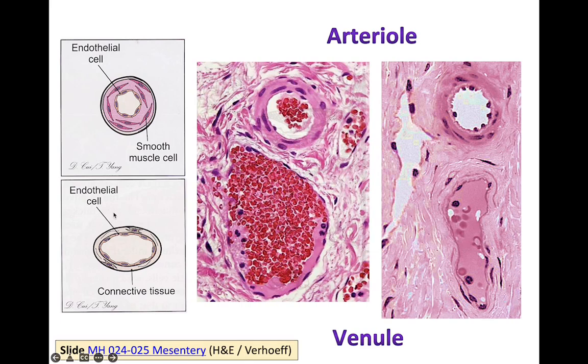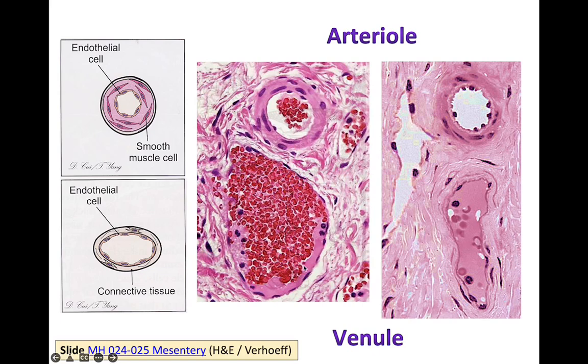But when we see the venule, it consists of endothelium, and outside the endothelium we'll have the adventitia or connective tissue. Sometimes we may see very few muscle fibers, but they are very irregular and they will not form a layer. And the lumen of a venule is irregular and collapsed.